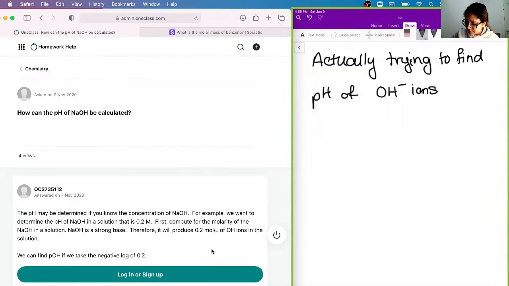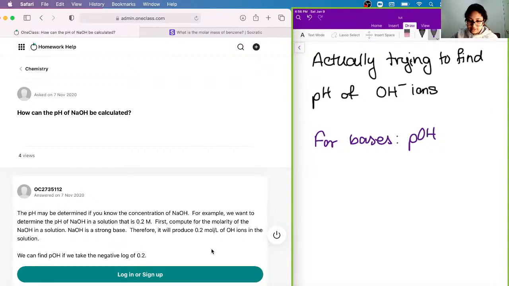For bases, we use pOH, which makes sense since we're calculating for our hydroxide ions.